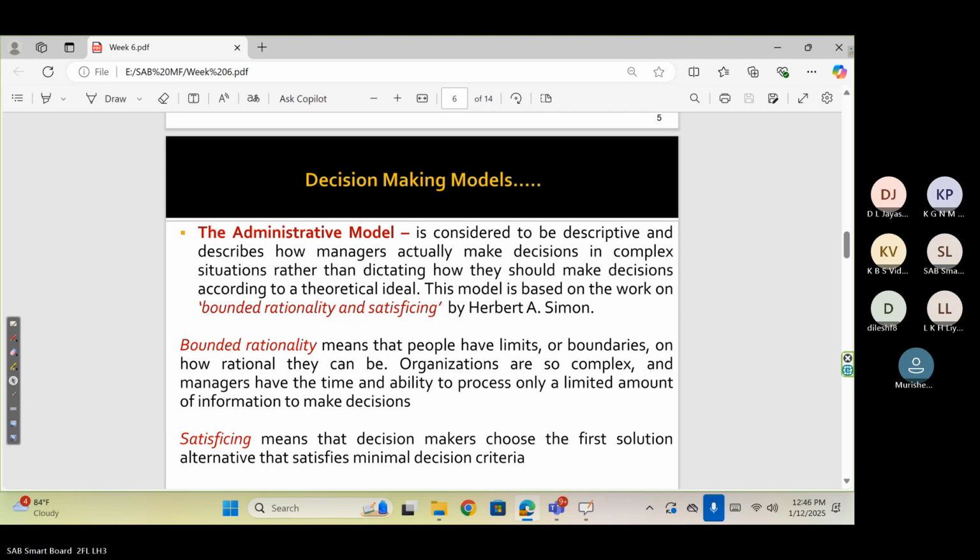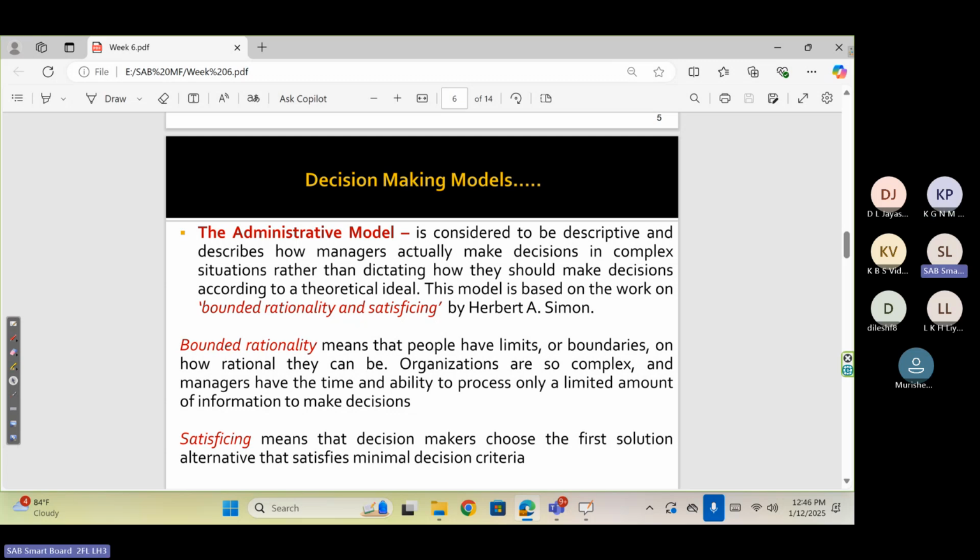Therefore, the administrative model is considered a descriptive model which describes how managers really or actually make decisions, especially in complex situations, rather than considering the ideal decision-making situation.